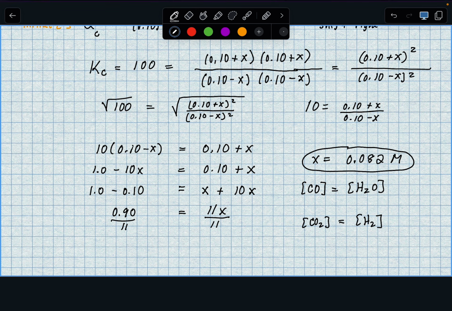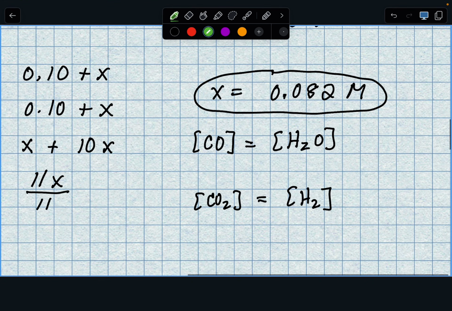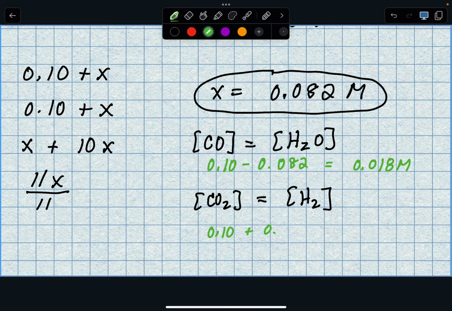And then our carbon dioxide is going to equal the hydrogen. And to do that, I'm just going to put the value in there. So I'm actually going to switch to green just so you can see the difference here. So 0.10 minus 0.082, and then we get a value of 0.018.